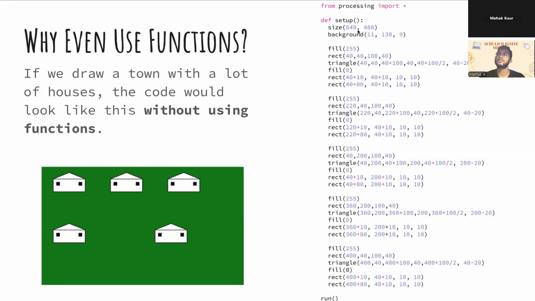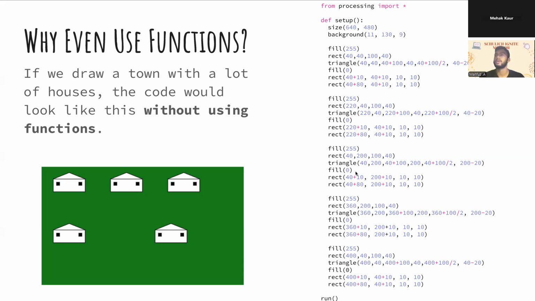You'd set up your size, but you constantly have to repeat the exact same code over and over again. For example, for each rectangle, you have its starting point and you're adding 10 to it each time. So over here, you're adding 10, you're adding 10. These values are all the same, and you're following the exact same pattern for each of the houses. So there's a lot of repetition.